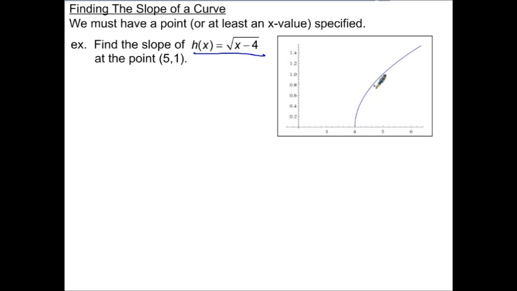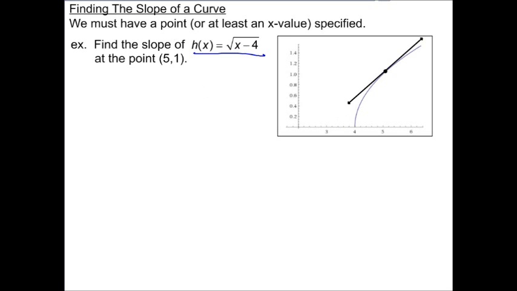But as we continue on the curve off to the right, the slope gets smaller and smaller as this thing flattens out. So it's hard to say a specific number, but if I specify the point (5, 1) here, I can imagine a tangent there, and figure out the slope of that, because that's the slope of this curve at that particular moment, and I can get a number for that.